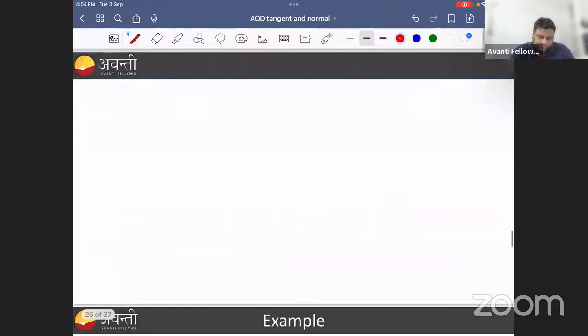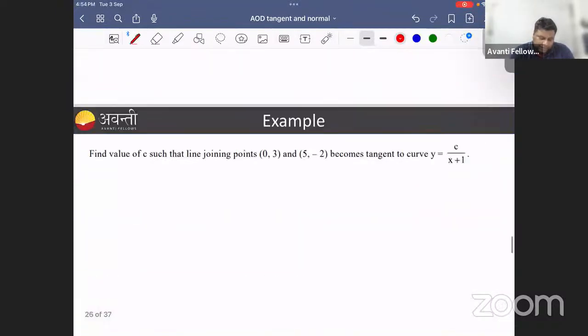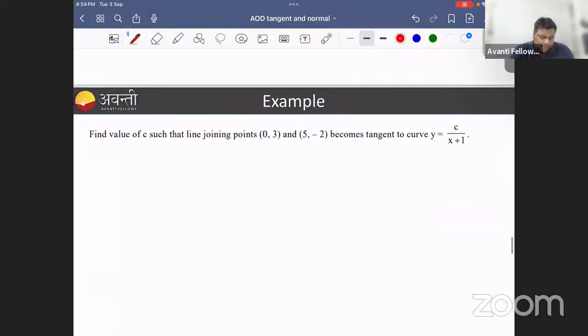Like, take a simple example. Find the value of C such that the line joining this and this becomes tangent to this curve. Say this is the curve. On this curve, there is a point, say t comma C upon t plus 1.